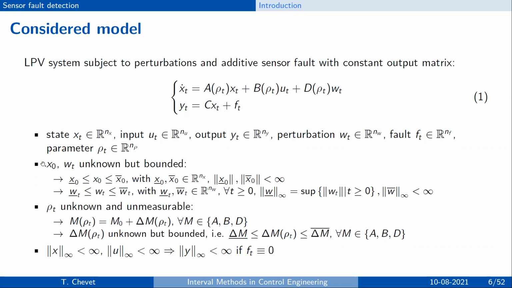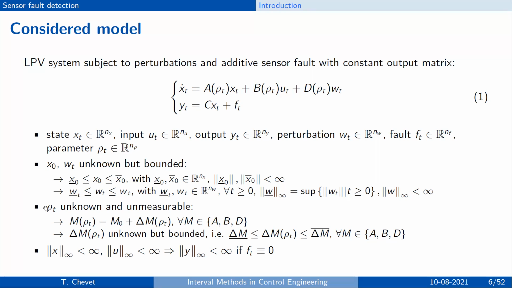We have, as classically done in interval observer design, an initial state vector that is assumed to be bounded by bounded vectors, and a perturbation signal that is also unknown but bounded by signals having a finite infinity norm.